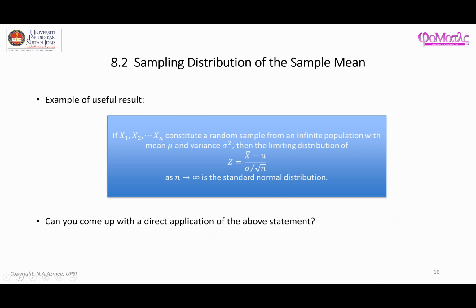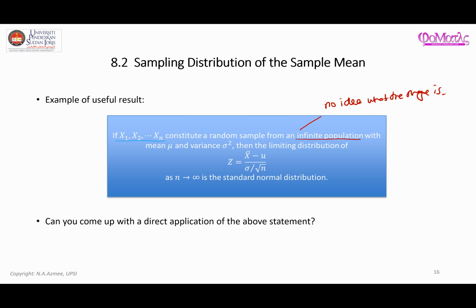Here is an example of a useful result where you have x1, x2, up to xn that come from an infinite population. We don't know what the shape is, no idea what the shape is.